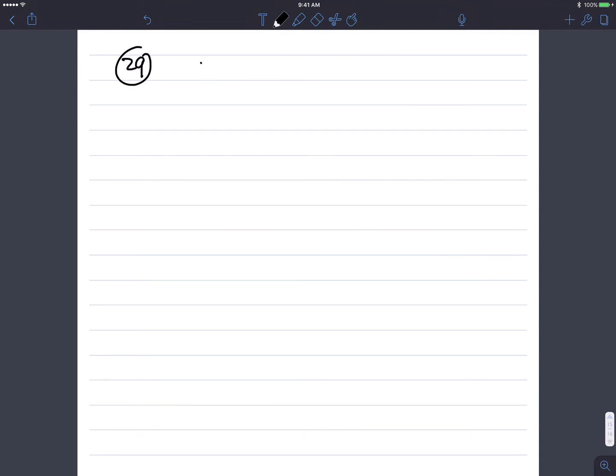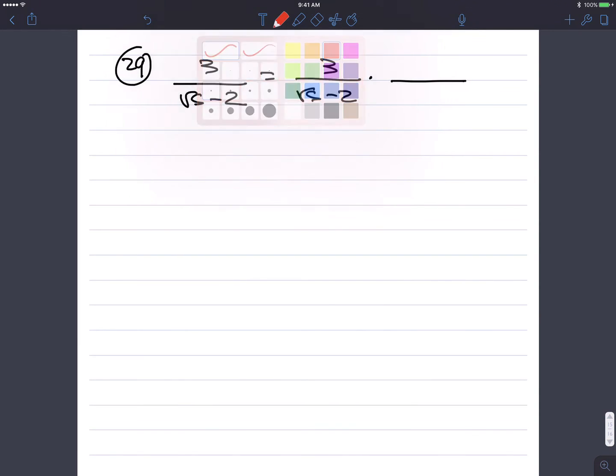(29) 3 over the square root of 5 minus 2. Again, multiply by the conjugate here. Square root of 5, 2, square root of 5, 2.